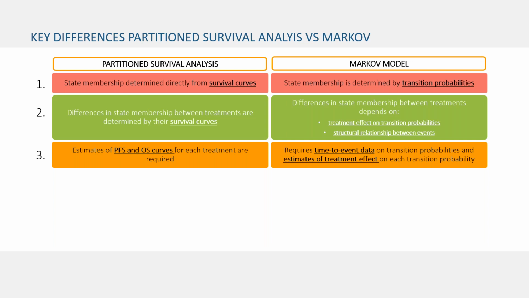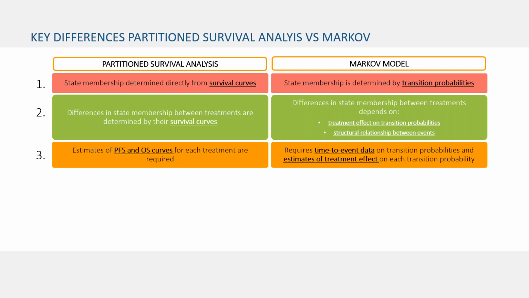Thirdly, this is to do with the data that you require. For a partition survival analysis, you would require PFS and OS curves for each treatment. Whereas for a Markov model, you would require time to event data on the transition probabilities and estimates of treatment effect on each transition probability as well.